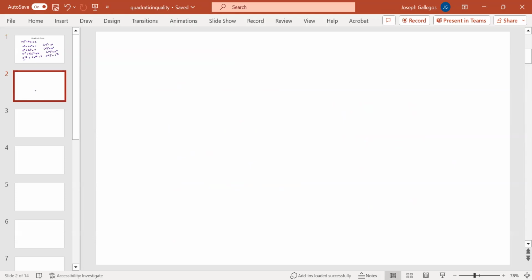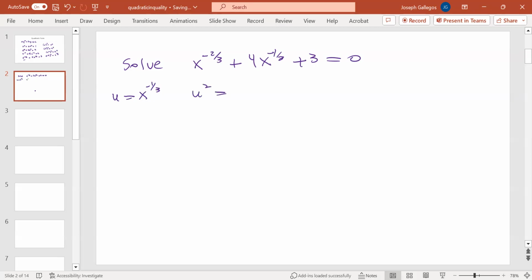So let's look at an example. The question says to solve x to the negative 2/3 plus 4x to the negative 1/3 plus 3 is equal to 0. And so here, we introduce a variable substitution. If we let u equal x to the negative 1/3, then u squared is x to the negative 2/3.